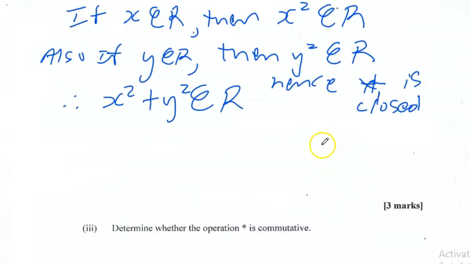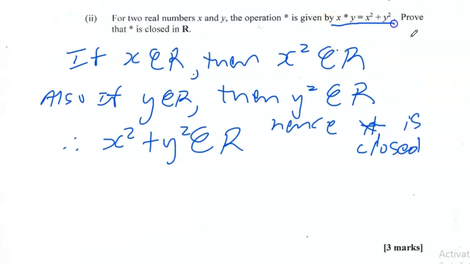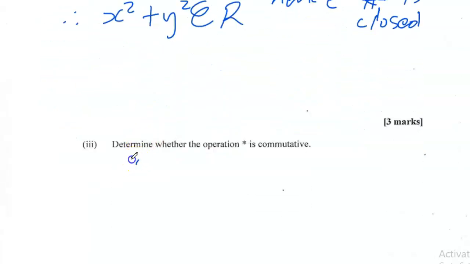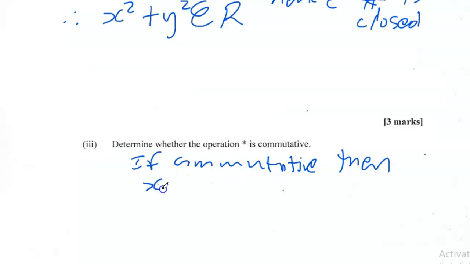Next, we're asked to determine whether or not the operation is commutative. Now, just remind ourselves here, there's an operation. So, if commutative, then x asterisk y is equal to y asterisk x.